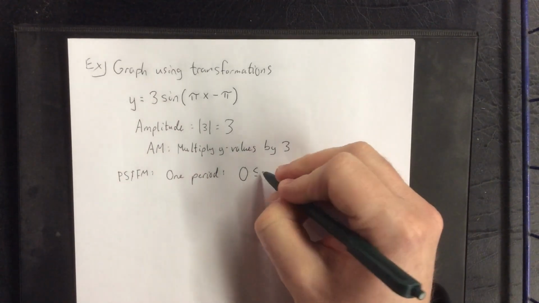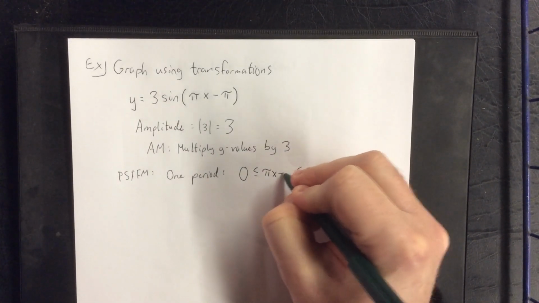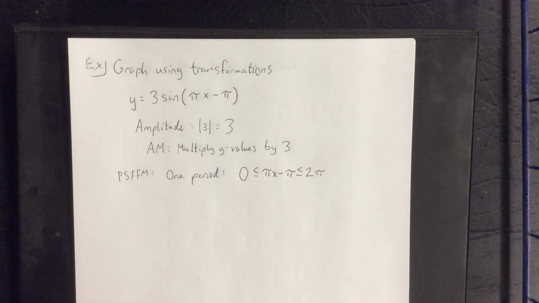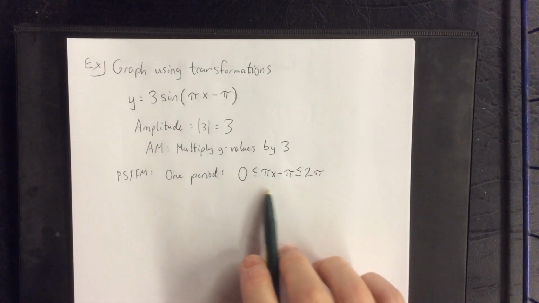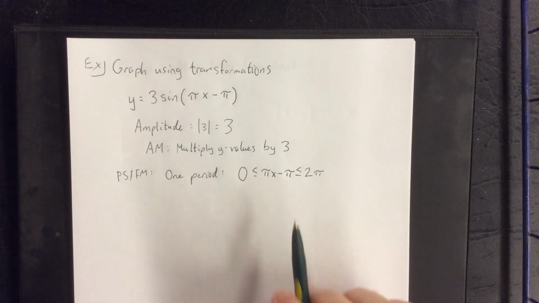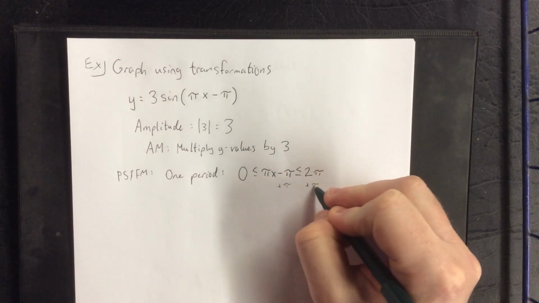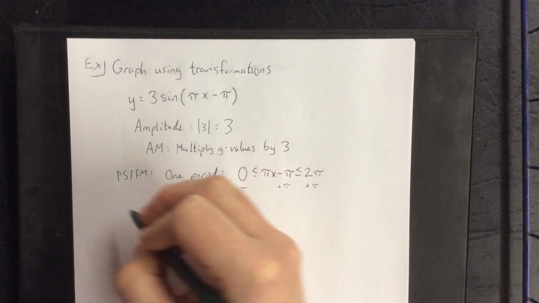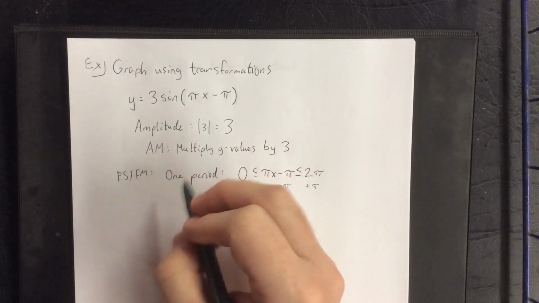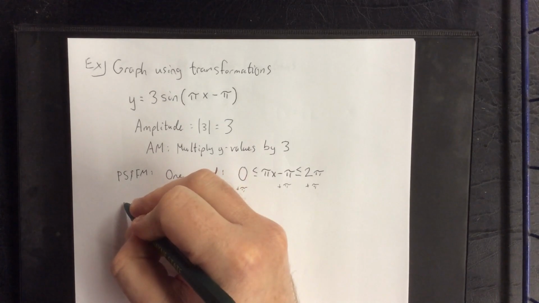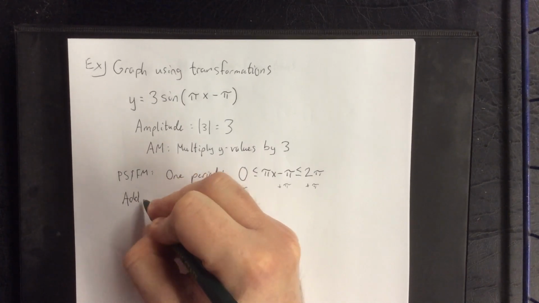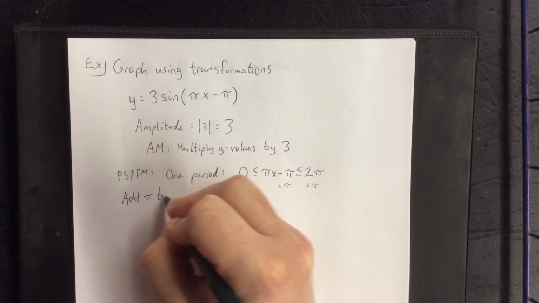Angle in this case is referring to pi x minus pi. So we're going to keep track of the algebraic steps that we take in order to solve this. First thing we'll do is add pi to all three parts. So for the operation over here, we'll point out we're going to add pi to the x values.